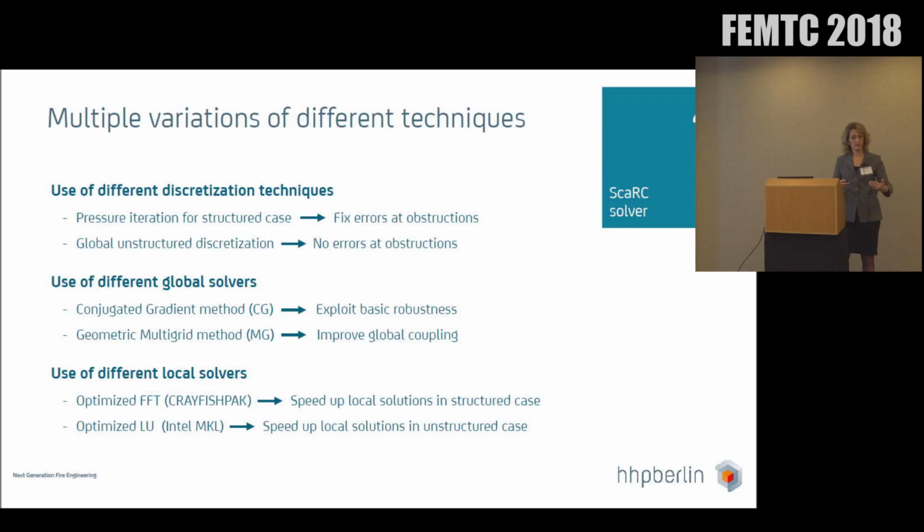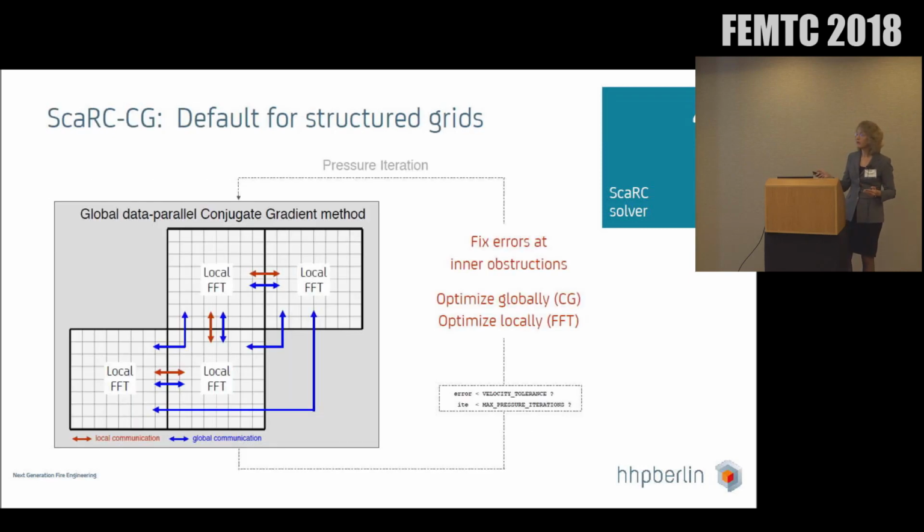But I can also use an unstructured discretization from scratch. So there are no errors at all. And related to the global and local basic iterations, there are a lot of different possibilities to generalize. So the default version of SCARC, which is available in FDS, is based on this combination.